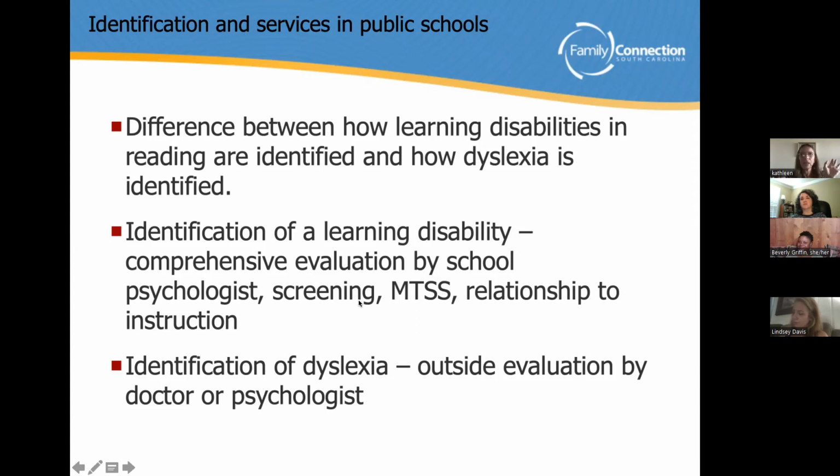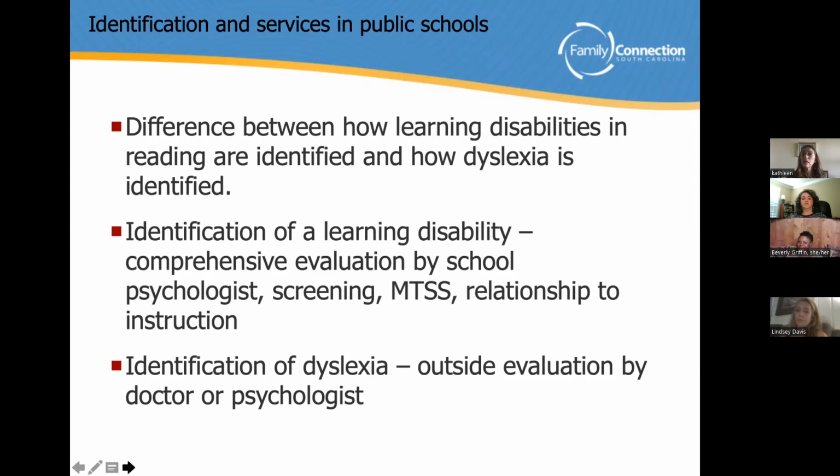And our school districts, every school district is going to be different, okay, so there's no uniform process for identifying a kid with a learning disability in reading, but they will need to be identified here as having a learning disability in reading before they are able to receive special ed services. Okay, so that's an important thing to understand.